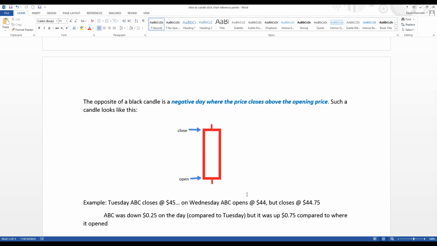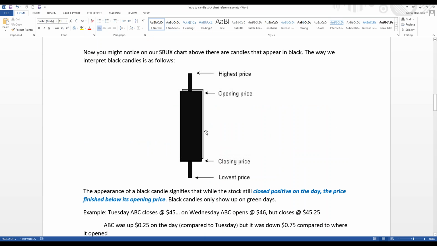Well, you could have a stock that was up on the day, but if it's significantly below the opening price, then that could still signal sellers were in control. So if we go back to this black candle, say you open up here at 45 bucks and the previous day's close was 40, so you're up 5 points at the open.